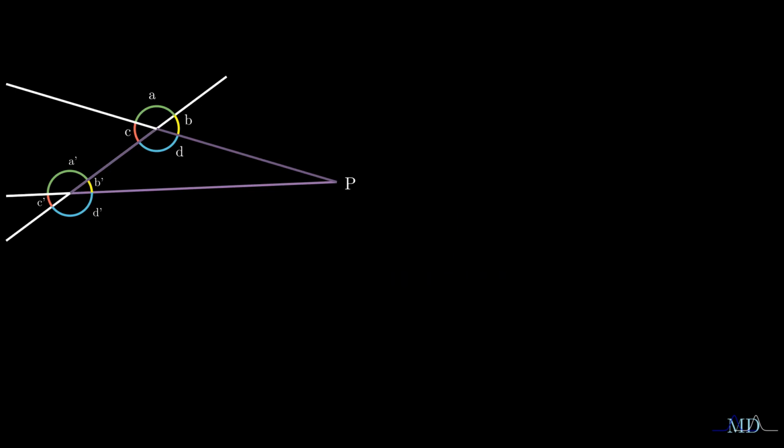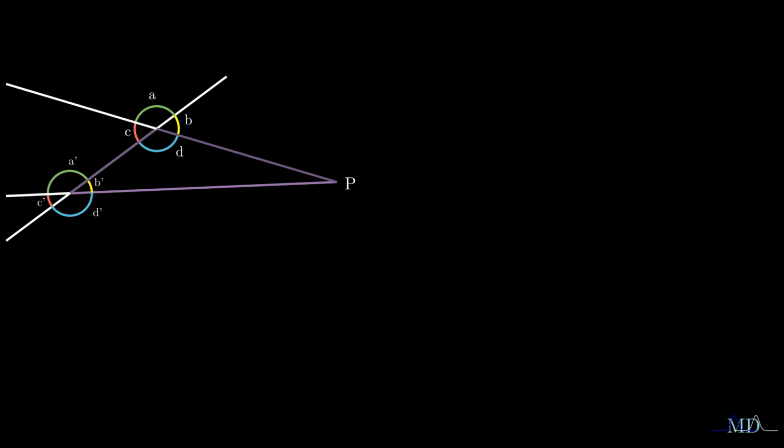We have just proven that if two lines cut by a transversal form supplementary consecutive interior angles, the two lines are parallel, as we have seen before. The same is true for congruent corresponding angles, congruent alternate exterior angles, and congruent alternate interior angles. We are going to prove the latter case.